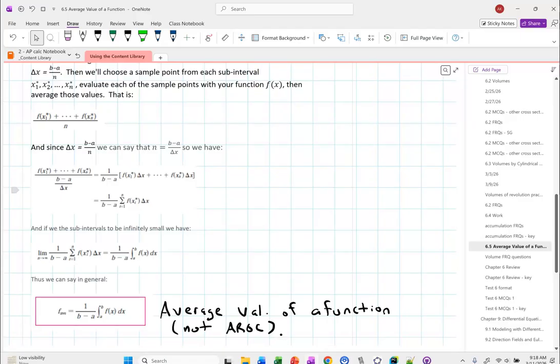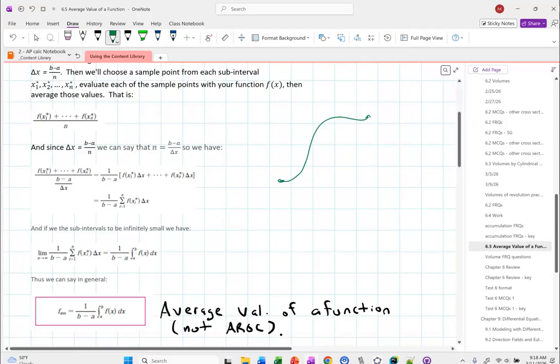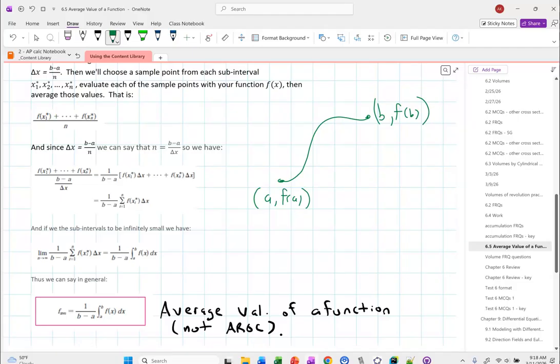Since we're talking about all the points from A to B along some function, you're adding up all the points along there.